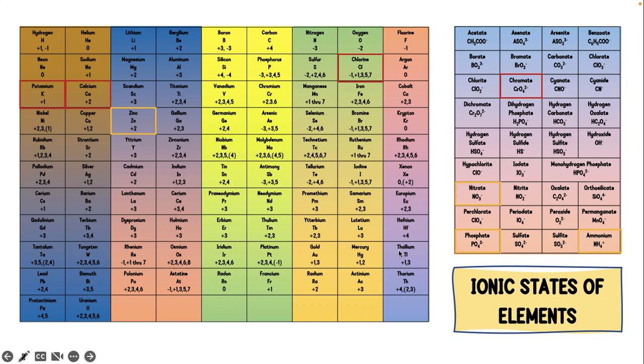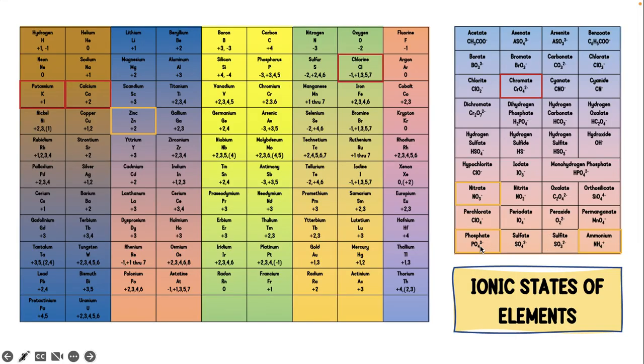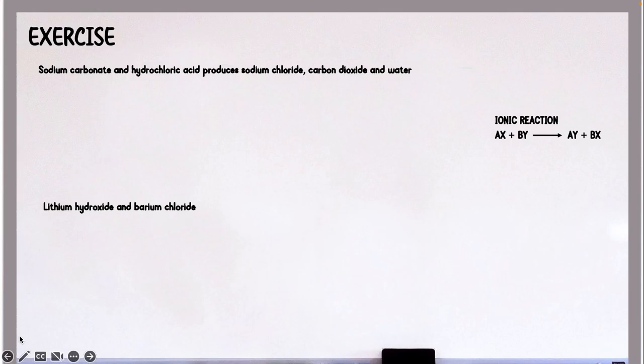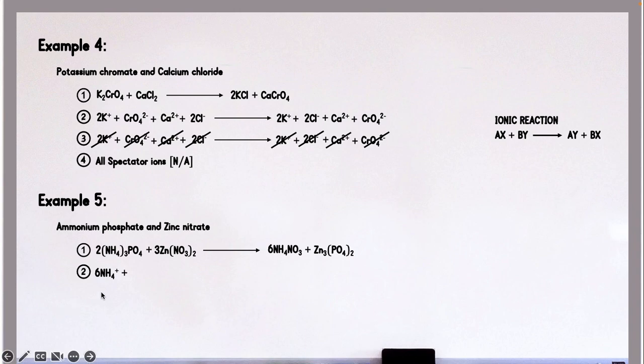Ammonium is plus, so we have ammonium plus, and then phosphate is 3 minus. Okay, phosphate is 3 minus. Plus zinc.